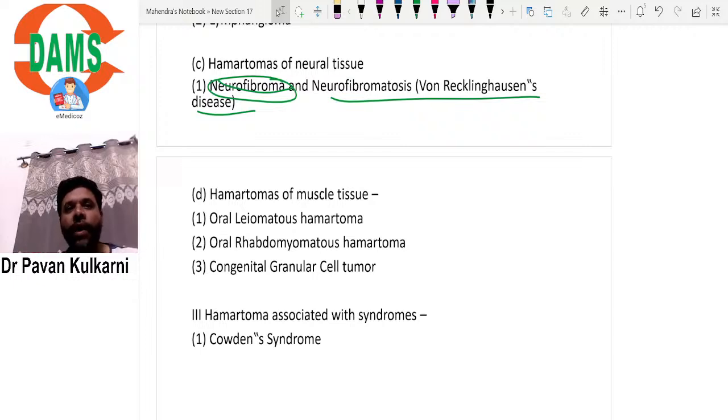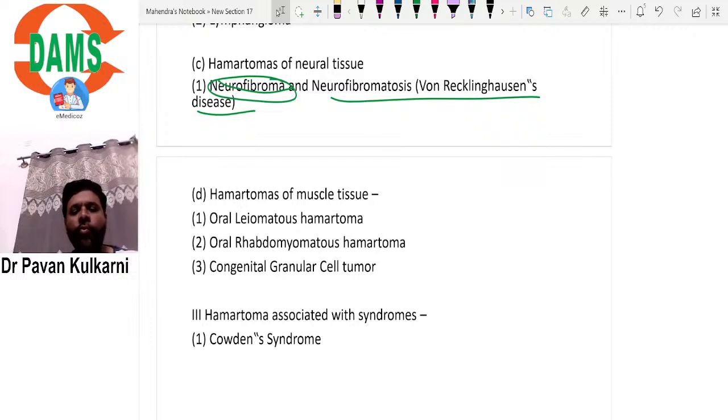Leiomyoma means anything related to smooth muscles. Rhabdomyoma means anything related to skeletal muscles.